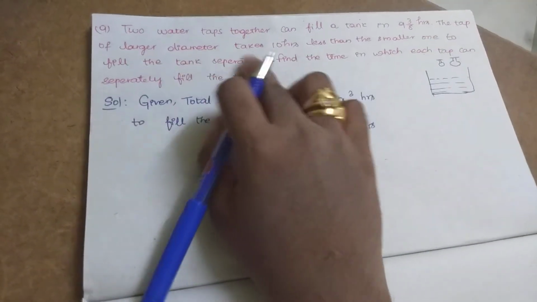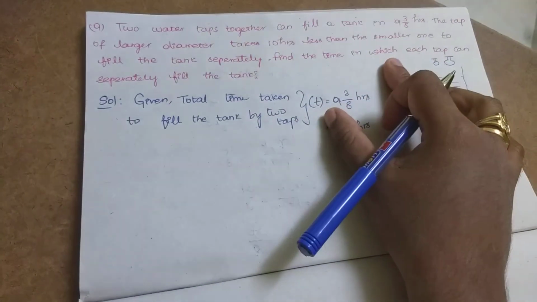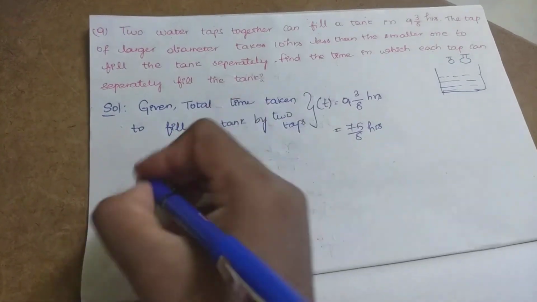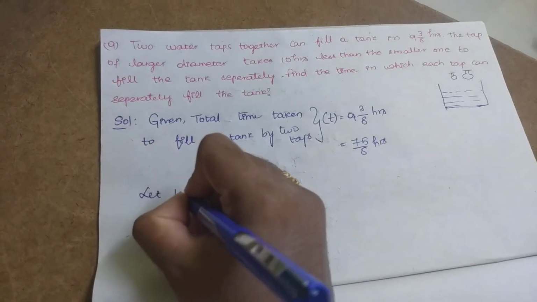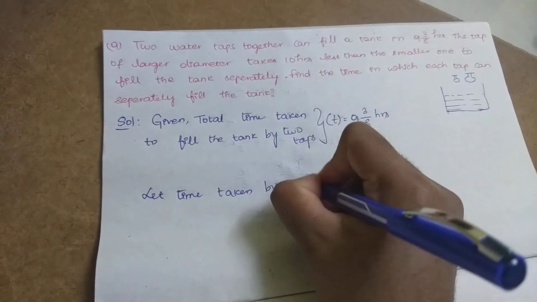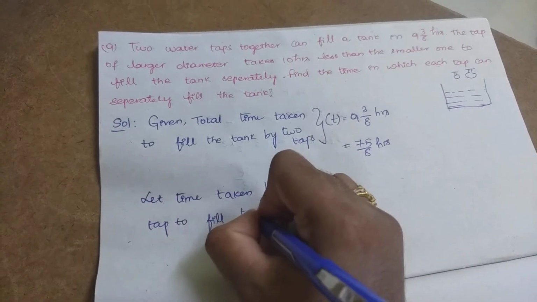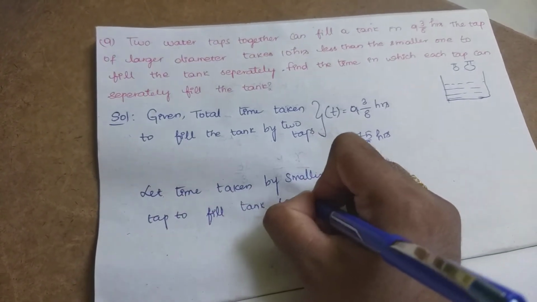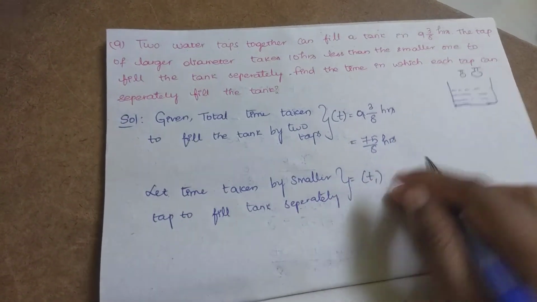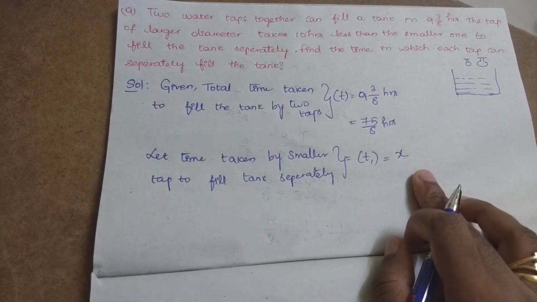The tap of larger diameter takes 10 hours less than the smaller one to fill the tank separately. So they didn't give the time taken by the smaller tap or the time taken by the larger tap. So let us assume the time taken by the smaller tap to fill the tank separately as T1, and let us consider it as X. Why am I considering it as X?